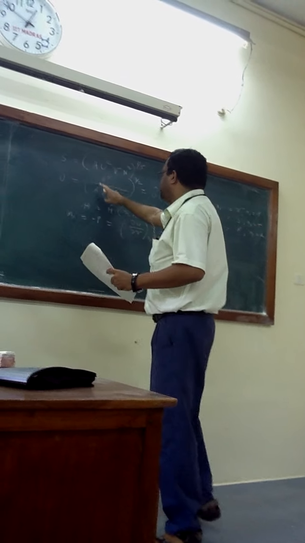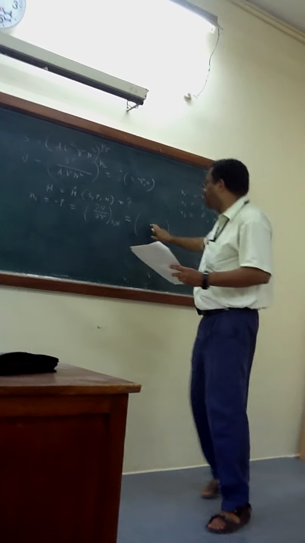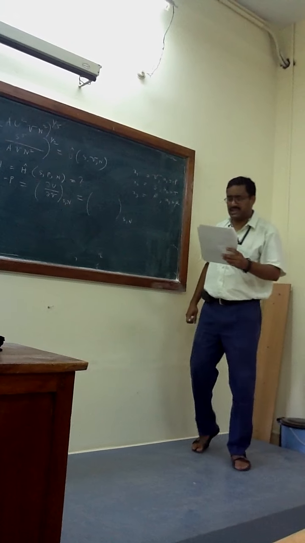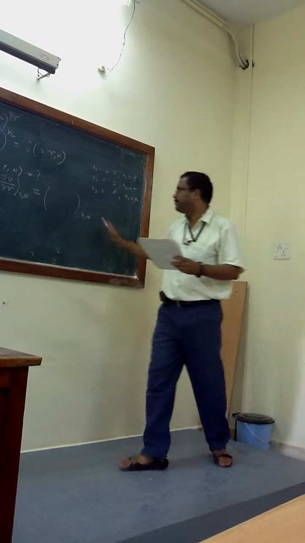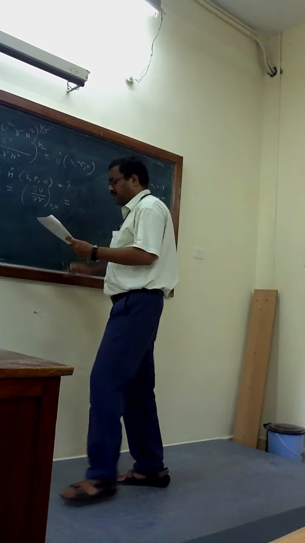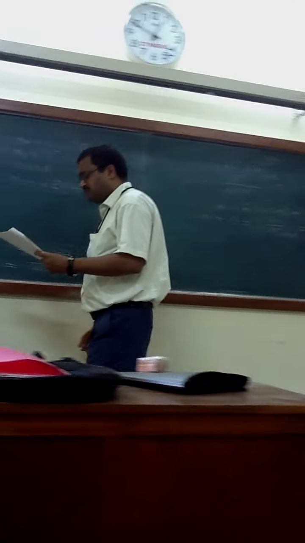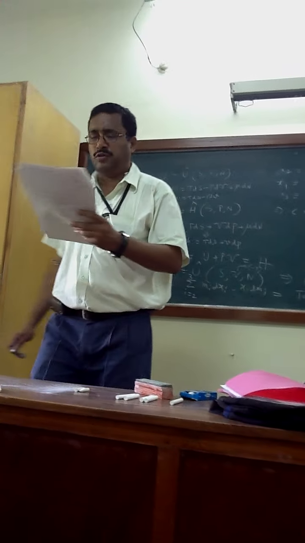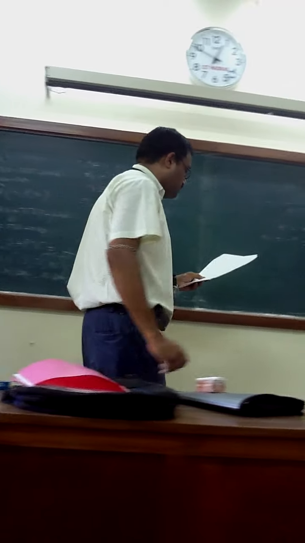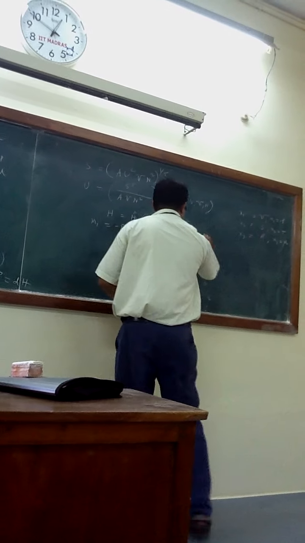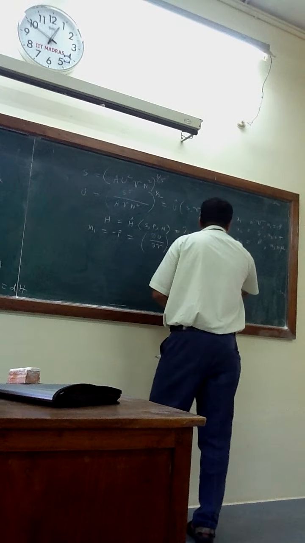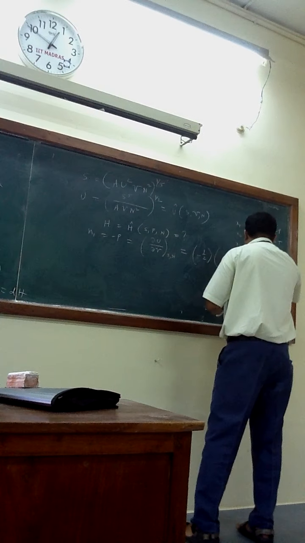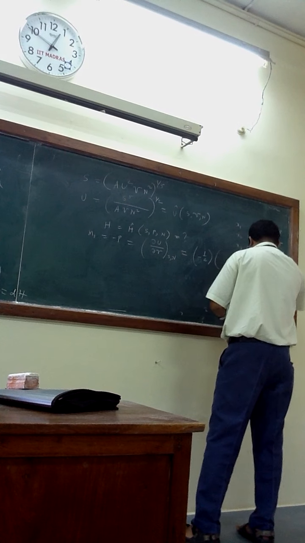Your expression of U is given in S, V, N. What should you have for ∂U/∂V at fixed S, N? I should get the final expression from you. I can give you some hint: minus half, some term will be there, some V exponent will be there.